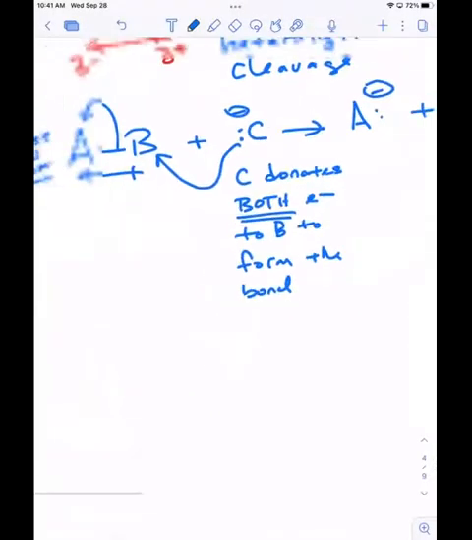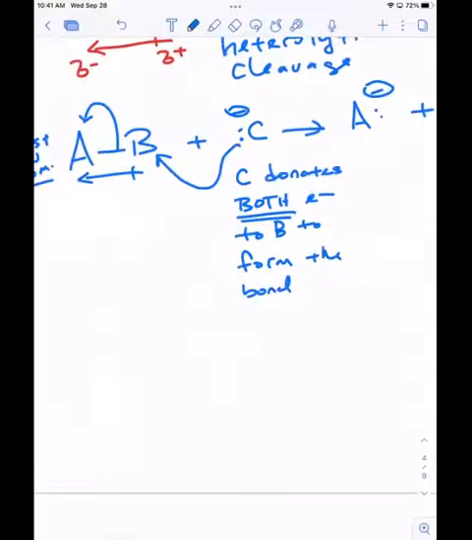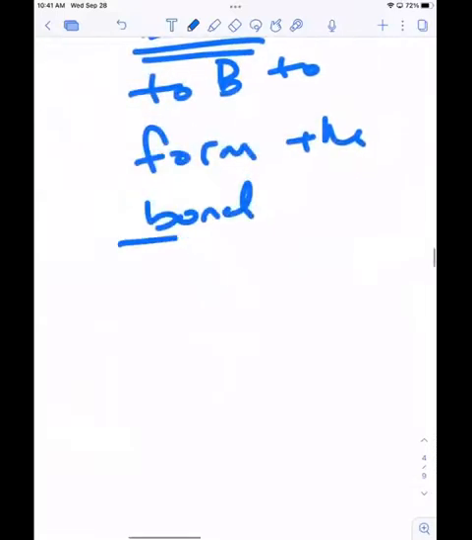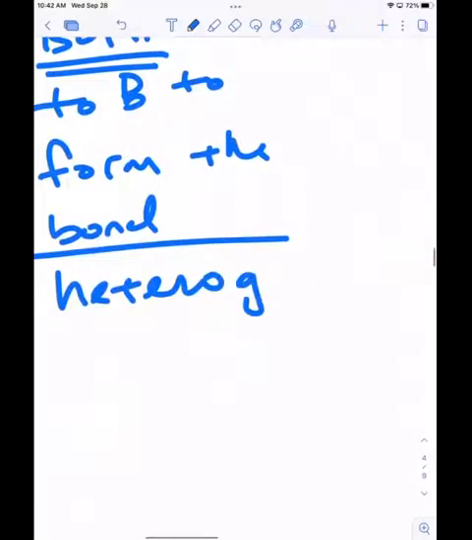C is going to give both of the electrons to make the new bond. That's called heterogenic formation.